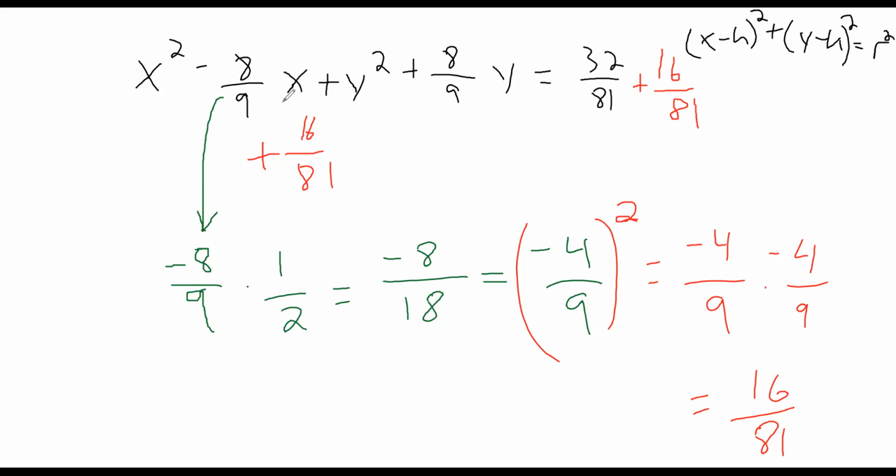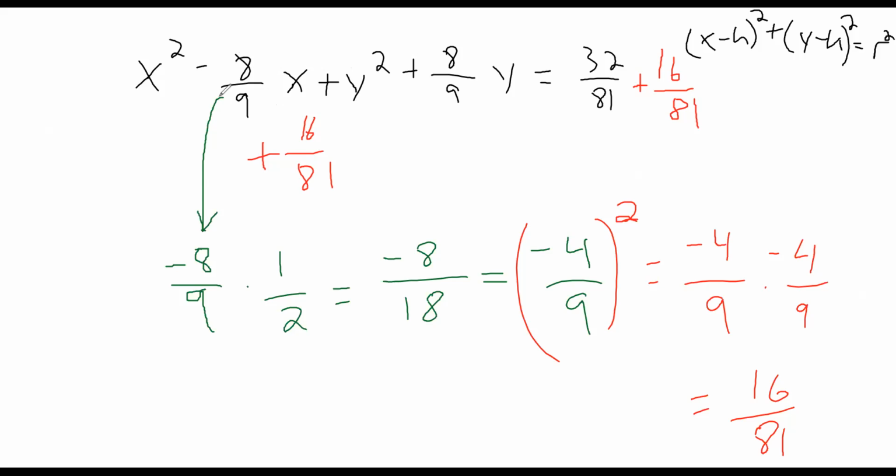Okay. Yeah, what I would do is I would review the completing the square procedure. We're completing the square for the x's first. We're basically pretending like the y stuff isn't there. Then we'll come over and we'll complete the square for the y stuff. But this is just the procedure for doing it.